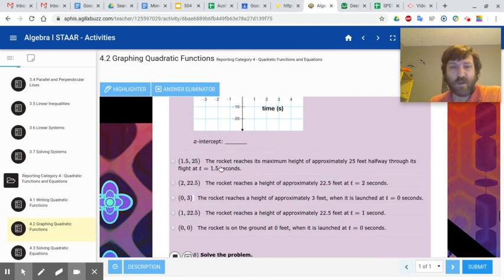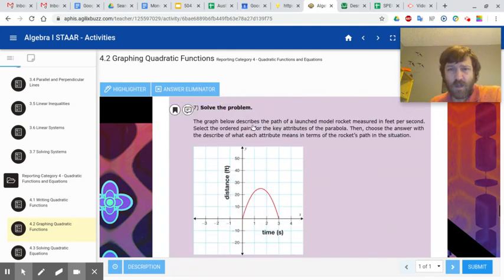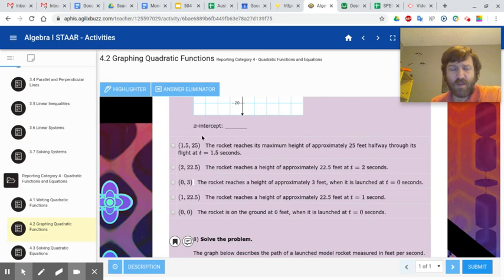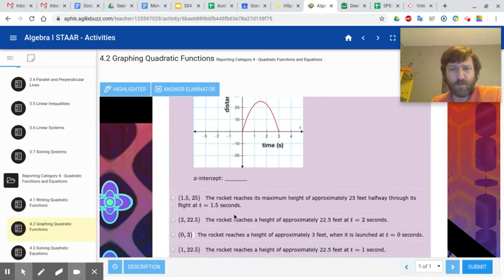So let's read this. We want to know what point is best describing what's happening. Well, at 1.5 seconds, we have 25. The rocket reaches its maximum height, approximately 25 feet, halfway through its flight at t equals 1.5 seconds. Okay, that sounds like what we already described.